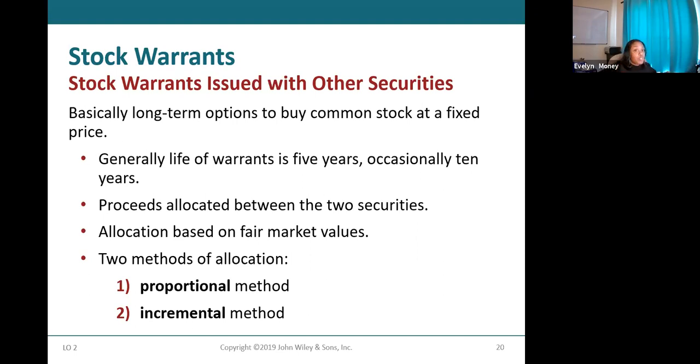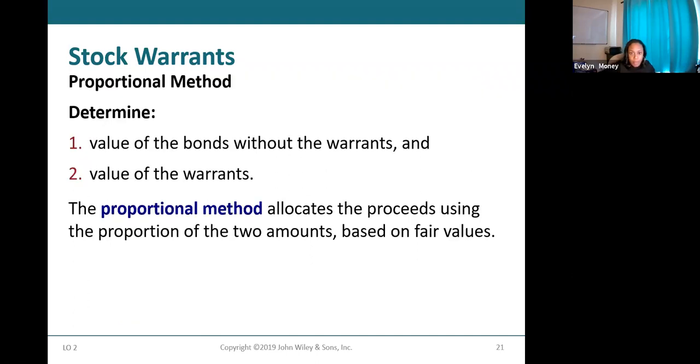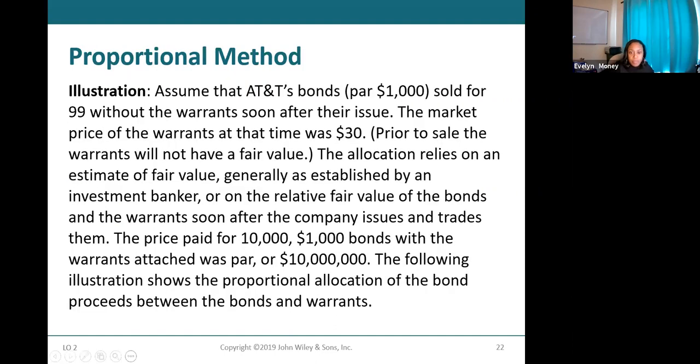We're going to use those same methods here to account for stock warrants and our other type of security, whatever it may be. So let's demonstrate the proportional method. First, we need to determine the value of the bonds without the warrants, and if you're looking at a problem, that's typically given to you. And we need the value of the warrants. We have to know both in order to do the proportional method.